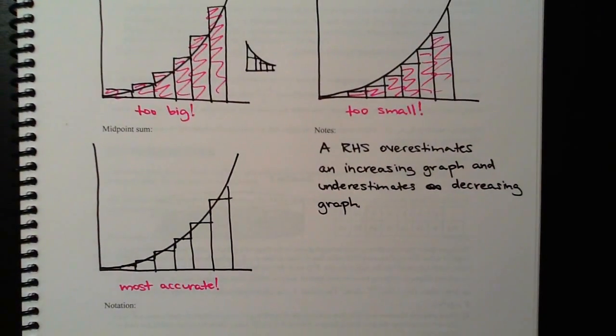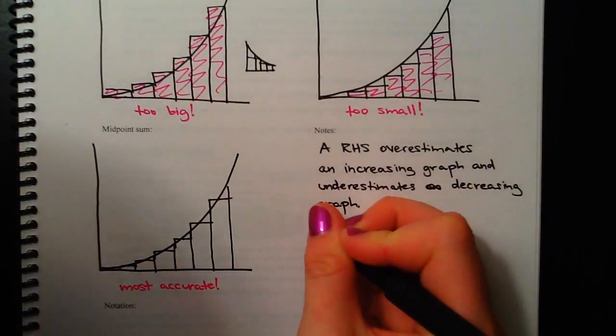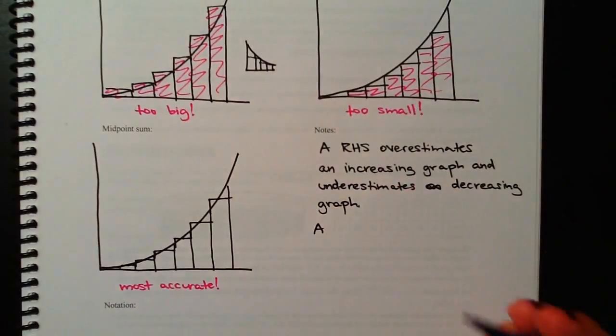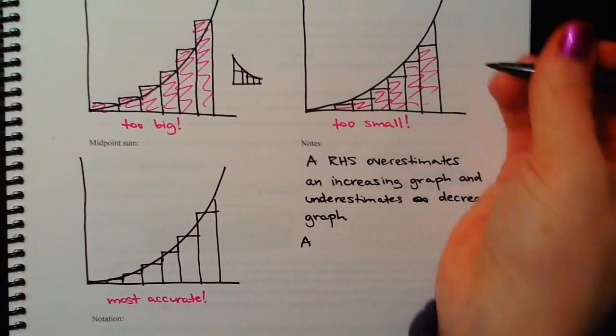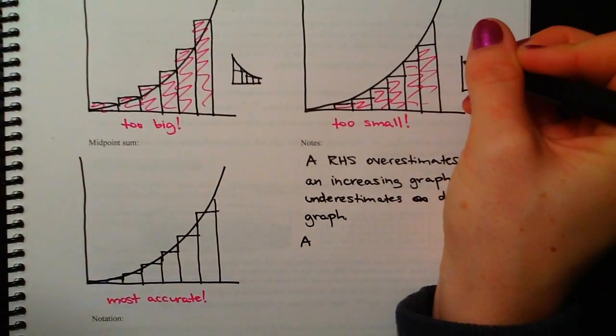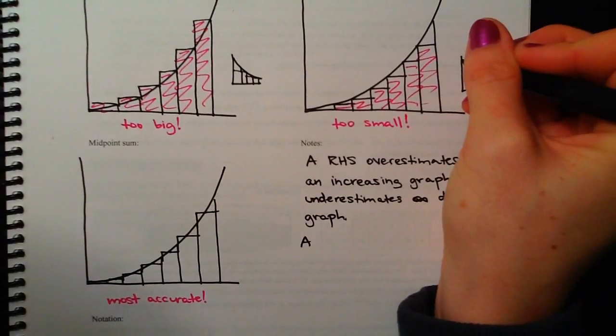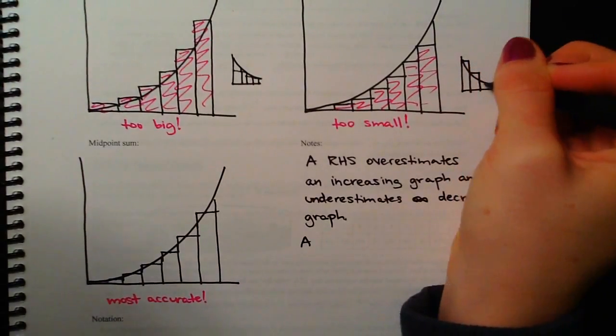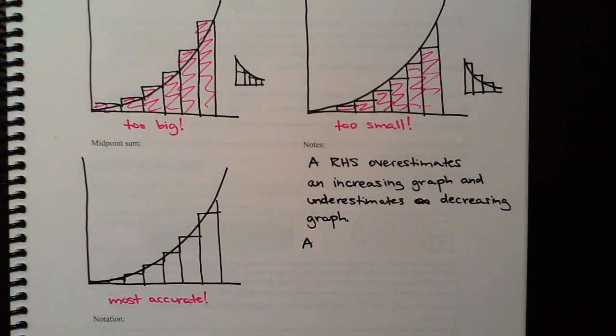Okay, and then the opposite is true for a left-hand sum. So a left-hand sum underestimates an increasing graph, and it would overestimate a decreasing graph. So picture like this: if you're using a left-hand sum, that would go over if it was a decreasing graph, like that.